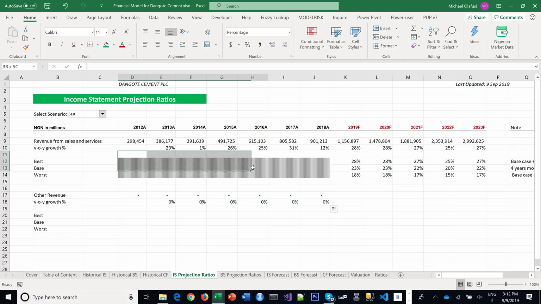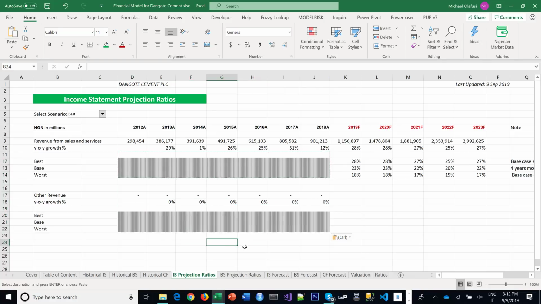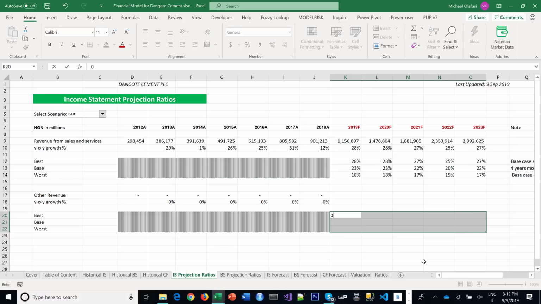Likewise, I'm going to say in the future we are not making any forecast. And since the company doesn't have other revenue, I don't think it makes sense for me to create some forecast ratio to say they will grow what they don't have, right? So I'm just going to say this is 0% all throughout, so that way we are not forecasting them as growing.